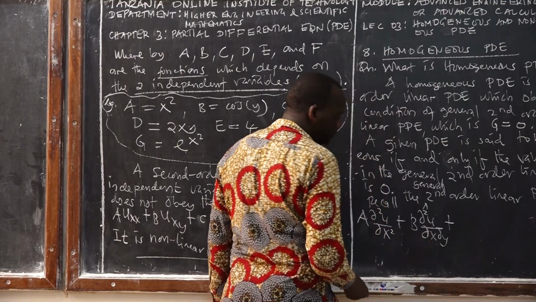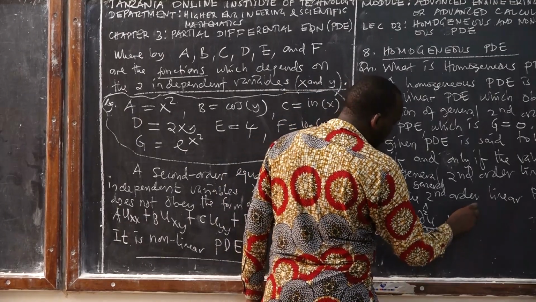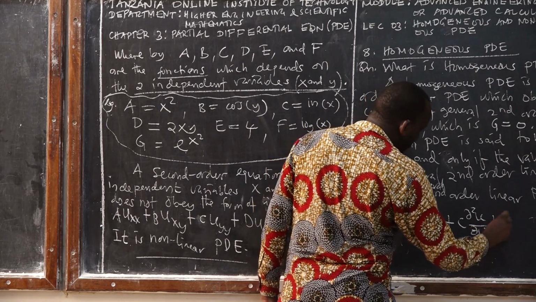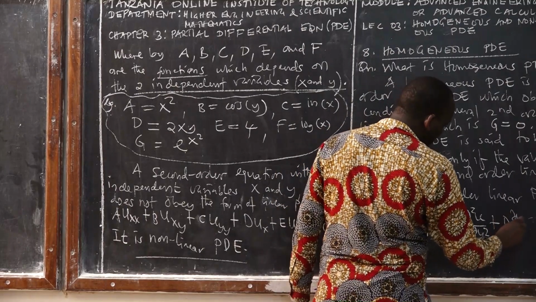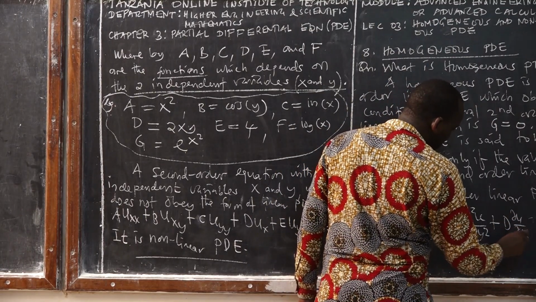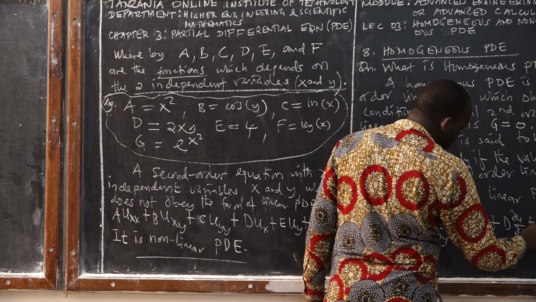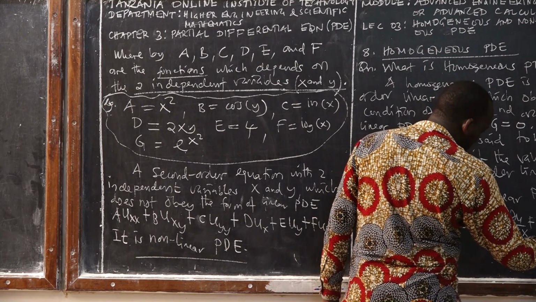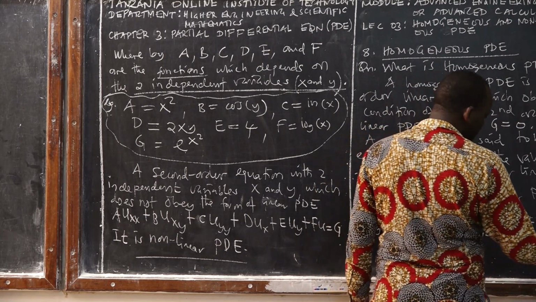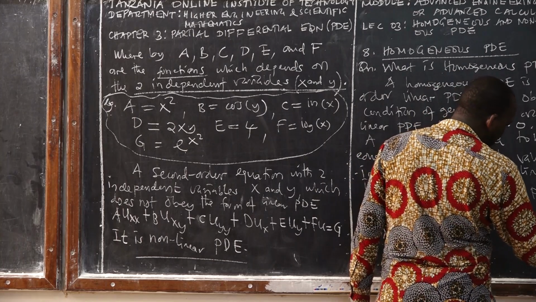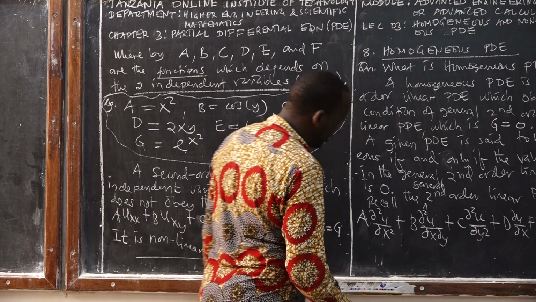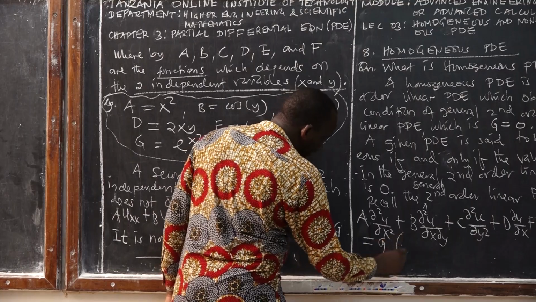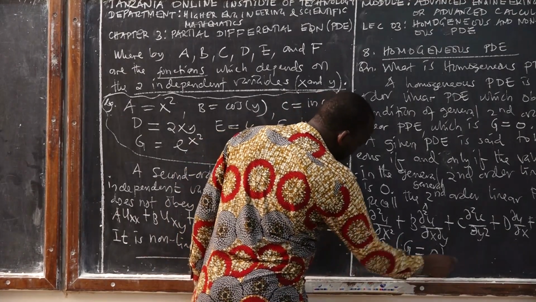Plus what? Say it. C. Second partial derivative of u with respect to y. Plus what? Plus what? F. This is equal to what? G. So it is homogeneous if G is equal to 0. That's the condition.